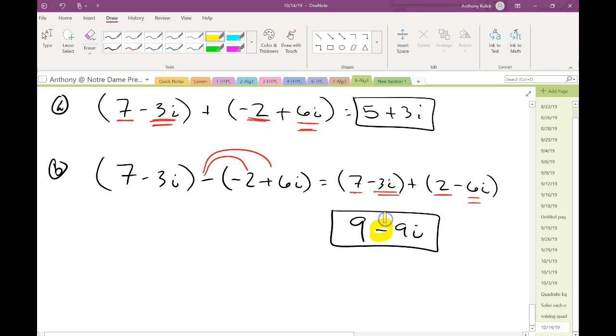This one? If I look at negative 3i and negative 6i and I'm adding those together, I get negative 9i. And then adding a negative is the same as subtraction, right? Yeah, you can just distribute the negatives and turn it into an addition problem. It's probably the easiest way to handle that.